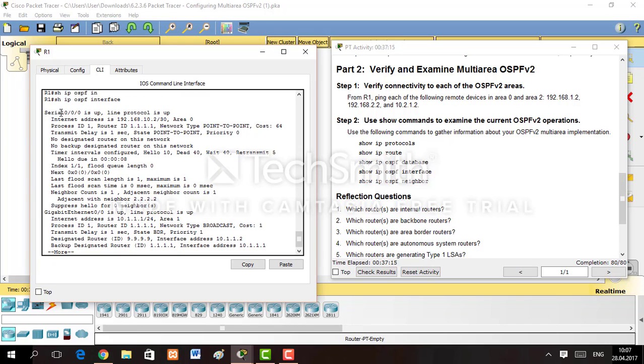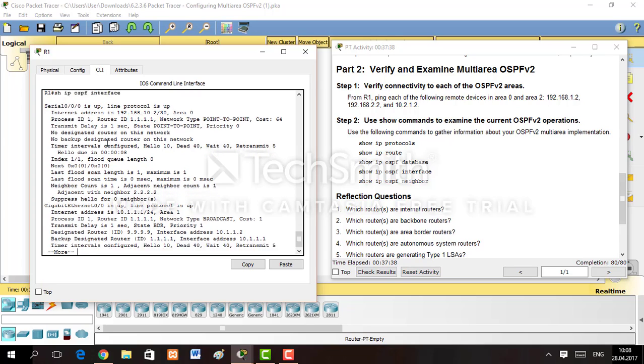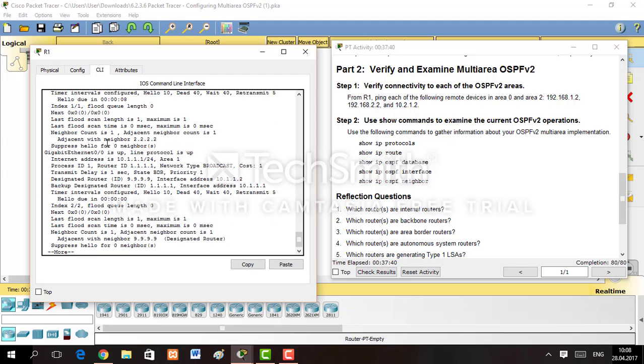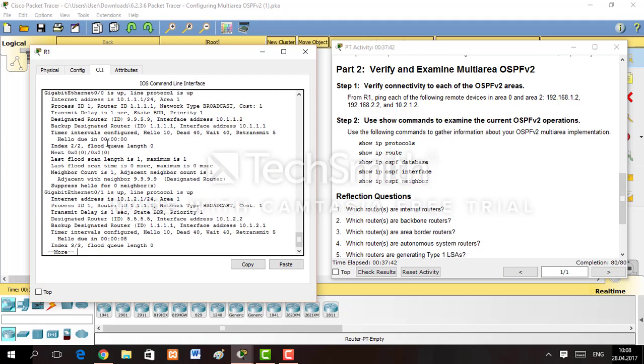Here we have interface Loopback0, and it is up. This is the IP address of this port, and it is on area 0. Port ID is 1. Router ID is this one. And this is also the information about routing protocol.